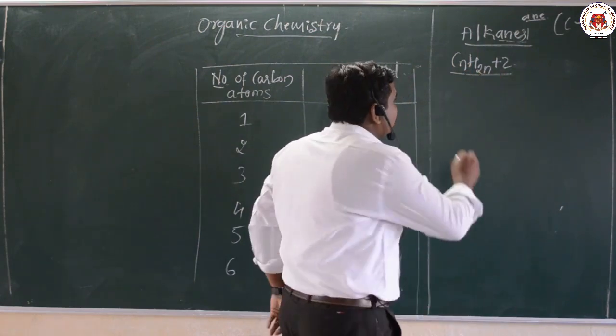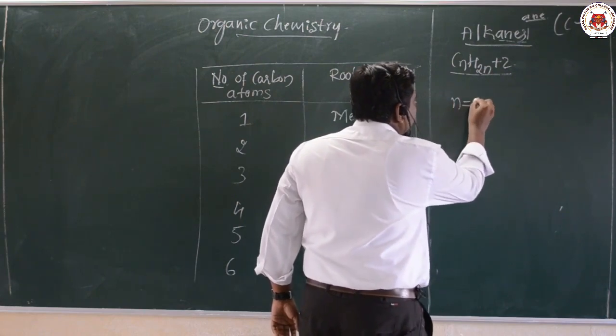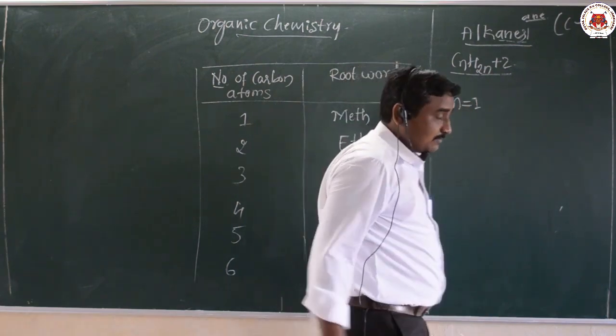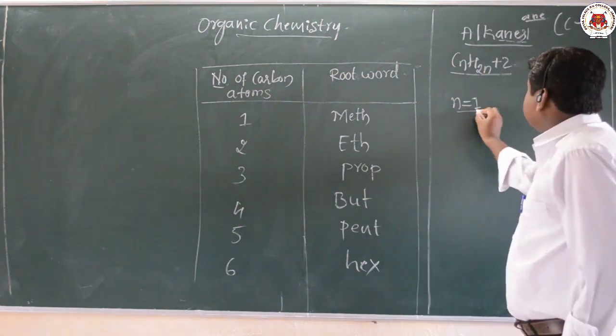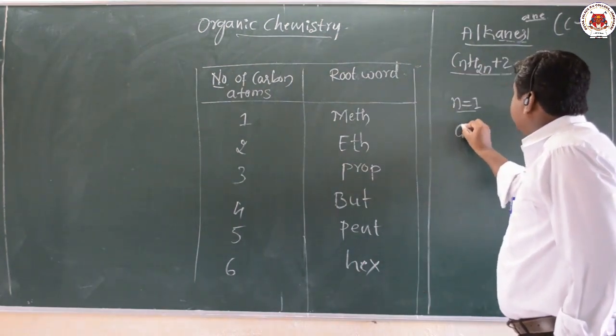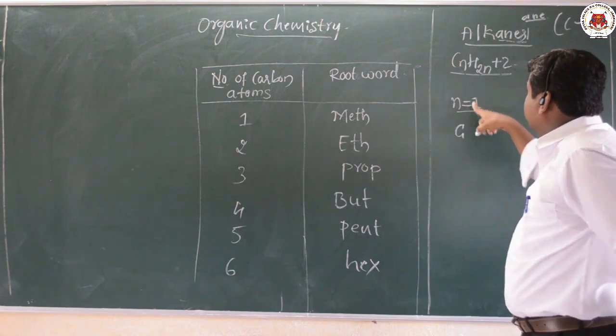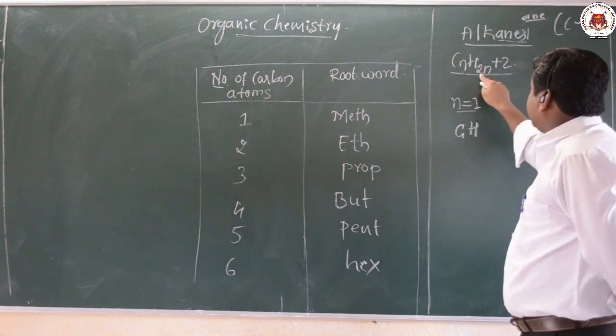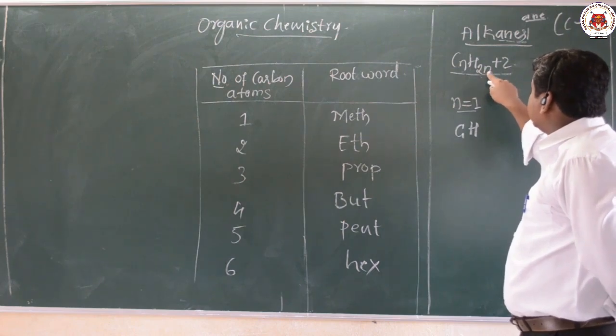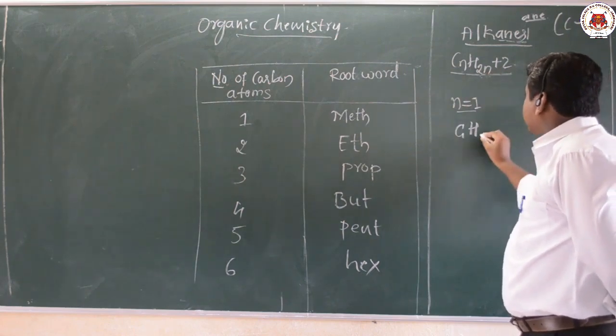Suppose n equals 1, which indicates a compound containing one carbon atom. So I write C1, with n equal to 1, and H is 2 into 1, that is 2 plus 2, which is 4.